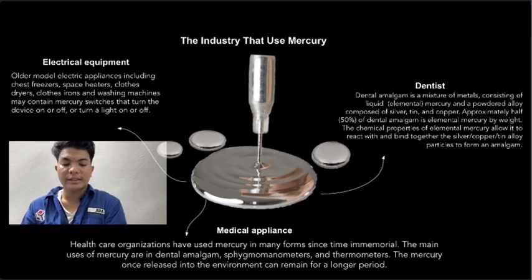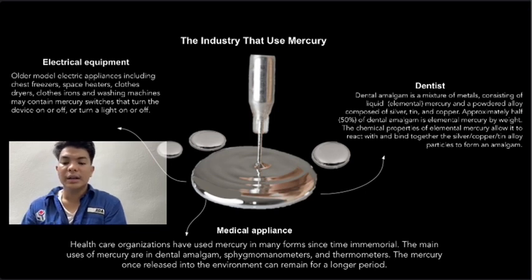And then dentistry. Dental amalgam is a mixture of metals consisting of liquid mercury and a powdered alloy composed of silver, tin and copper. Approximately half of the dental amalgam is elemental mercury by weight. The chemical properties of elemental mercury allow it to react and bind together with the silver, copper and tin alloy particles to form an amalgam.